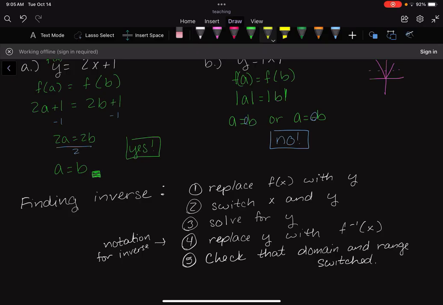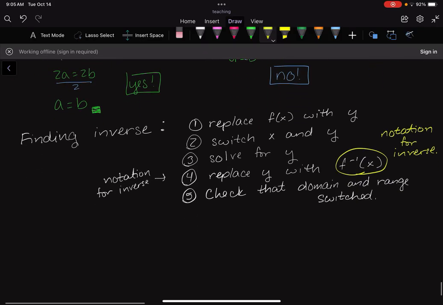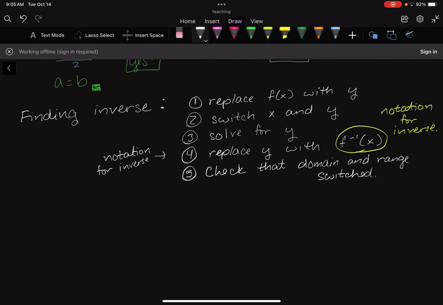Again, I just want to reiterate, this is just the notation for inverse. It's not the same as seeing like 1 over f of x either, so don't get confused there. It's a different type of idea.